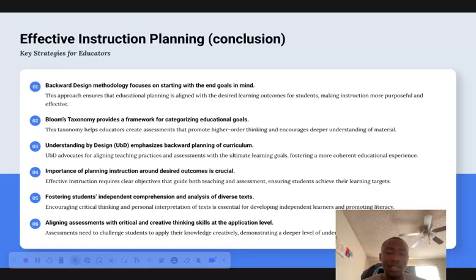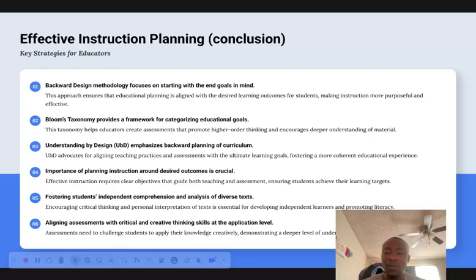Number four, planning the instruction around desired outcomes is very crucial, because effective instruction requires clear objectives that guide both teaching and assessment to ensure our students achieve their learning targets.